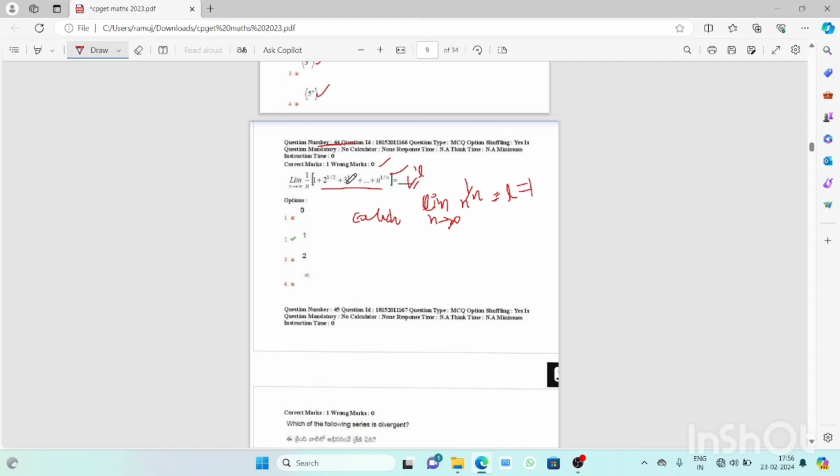So the limit value of this one is 1. The second option is the correct one for this question. If you remember Cauchy's first or second theorem, you can clearly say that this goes to 1.